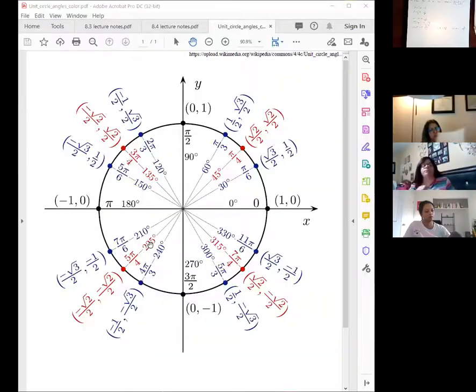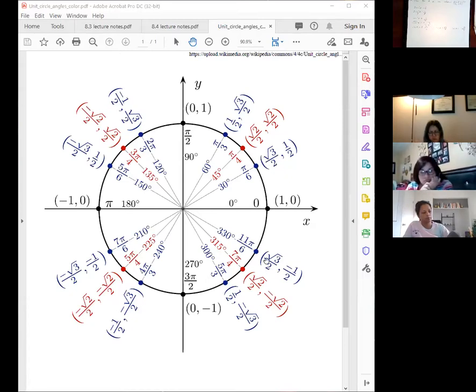Here it is. So where is cosine positive square root 3 over 2? We have one at 30 degrees, pi over 6. And we have another one over here at 11 pi over 6. So there's two solutions for positive square root 3 over 2.